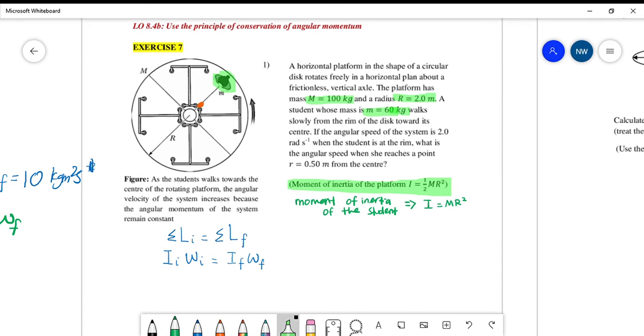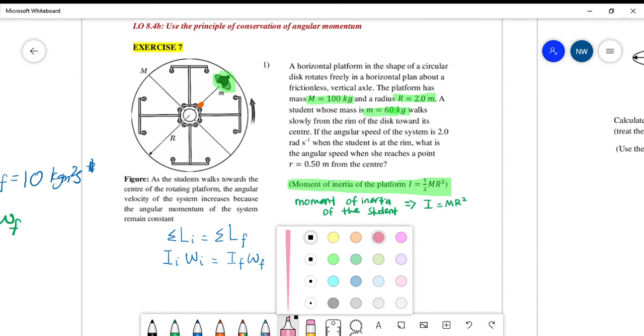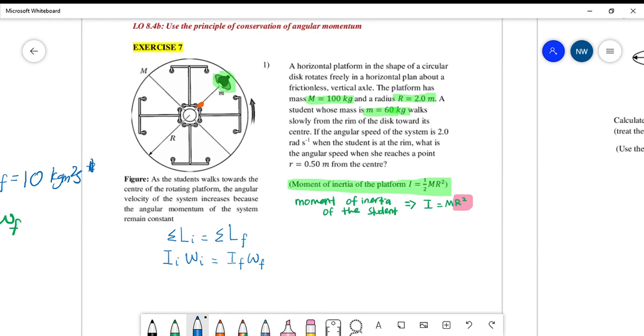You need to consider this as the distance from the axis of rotation to the point mass. So for this, the initial distance.